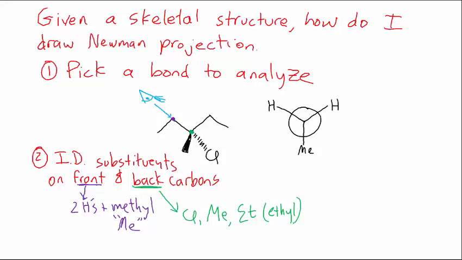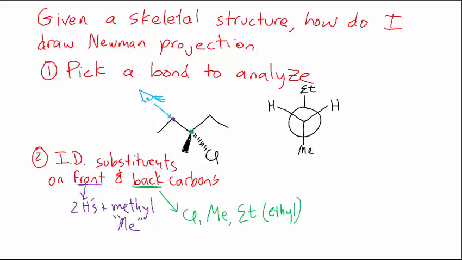All right. And now I want to think about, okay, what direction is each of those going? So from my perspective, again, the bond that's in the plane of the board, if I'm looking at it from where the eye is drawn, should be going straight up. So straight up, I'm going to draw a line. Remember the lines on the back carbon come out of the circle. They don't go all the way to the center. I'm going to draw the ethyl group there.